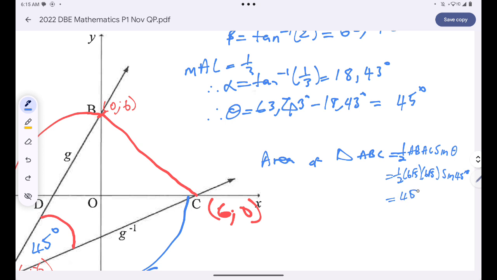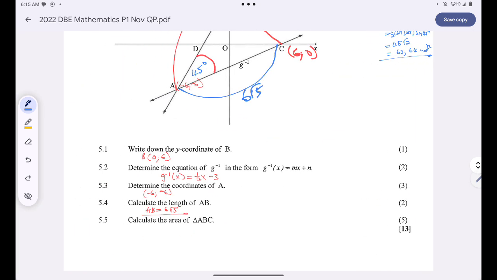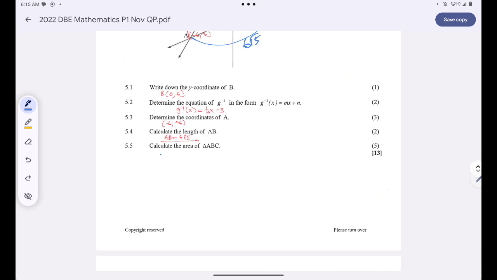That's 45 root 2, which can be written as 63.64 units squared.